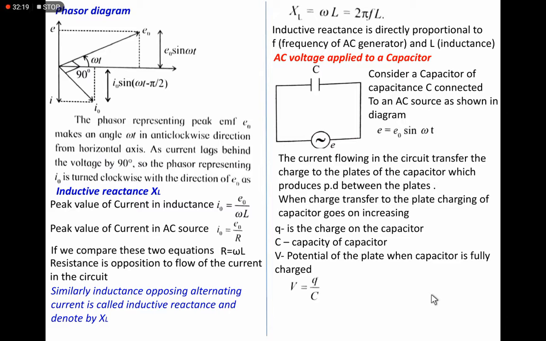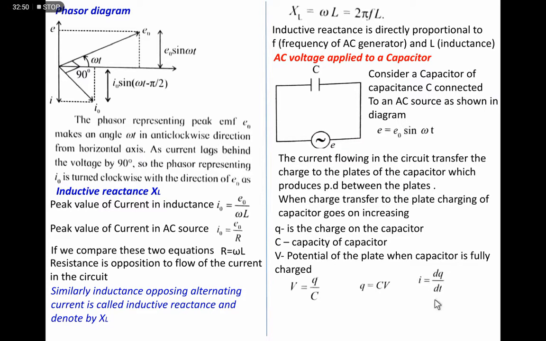Potential is charge per unit capacity of the condenser, or capacity of the capacitor. So we'll write this equation: Q is equal to CV, and here V is E, because we are using sinusoidal EMF in the AC circuit. So instead of V, we'll write E.